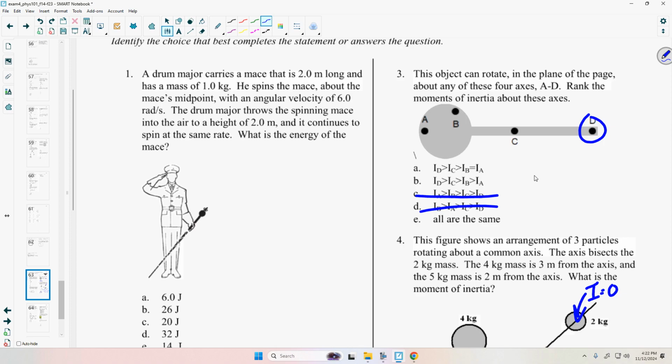That gets rid of that one, and it gets rid of that one too. C is next because it has this mass at this radius, which is about half the total length. And then A and B, well, they're either different or one's bigger than the other, but they're definitely not the same because there's no symmetry between those two. So I can say that the answer has to be B. And then I could think about, is B bigger than A here? But I don't really need to because that's the only option that's left.